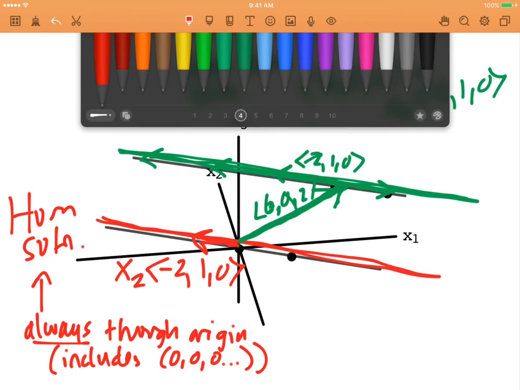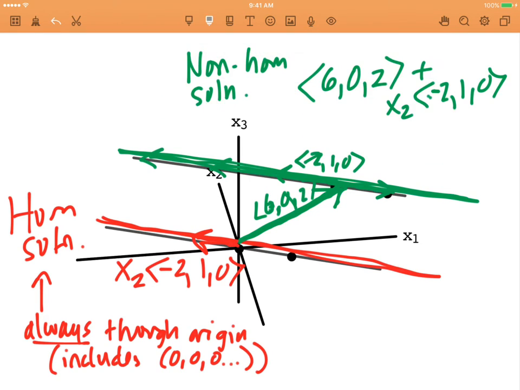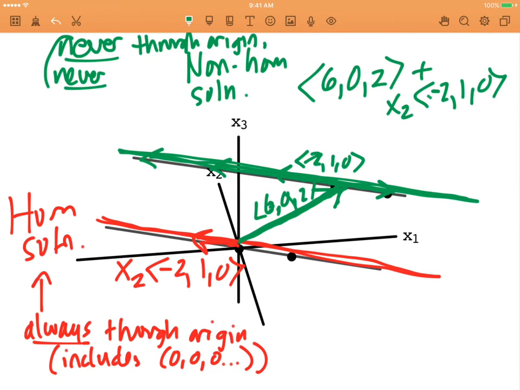The non-homogeneous solution set, if it's from a non-homogeneous system, that means it's never through the origin. Because it never includes 0, 0, 0.